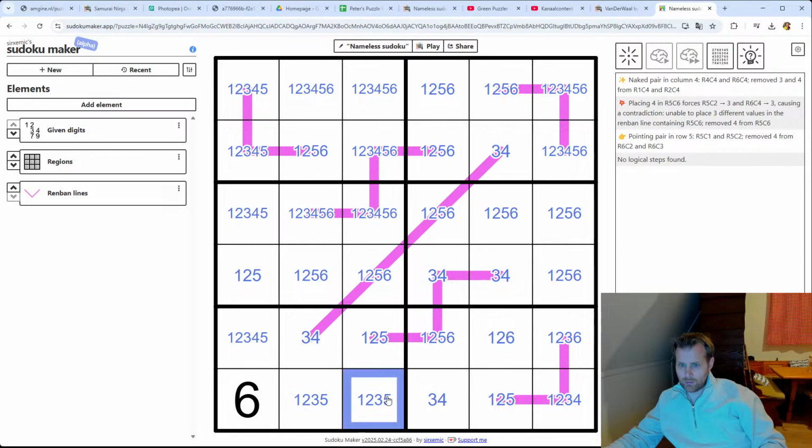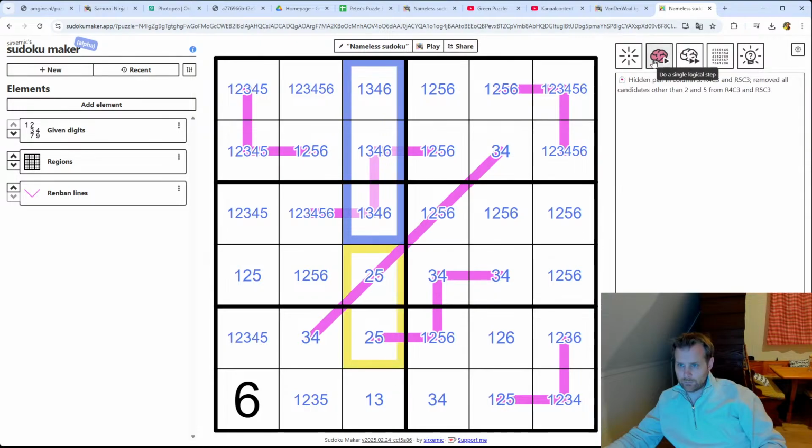What did we do? This is not 2, 5, and this is not 2, 5. So Finned X-wing on 6s in rows 4 and 2.